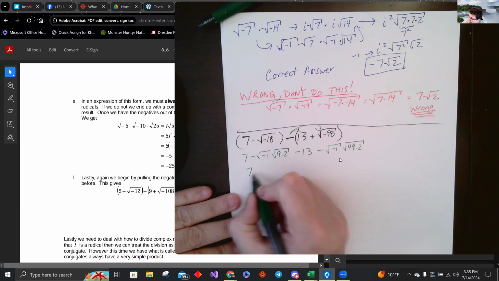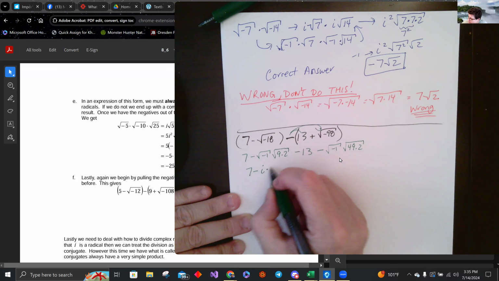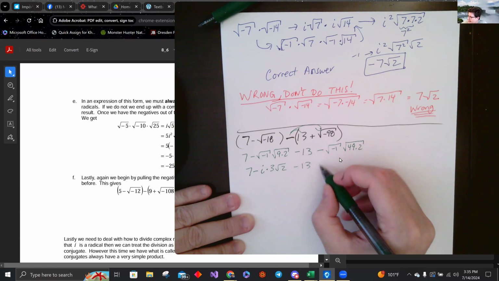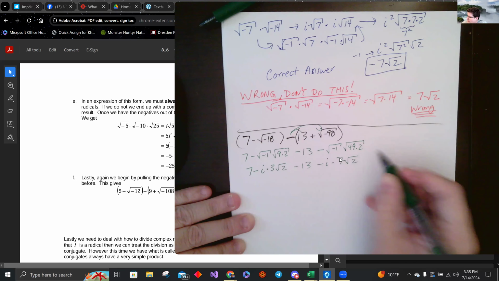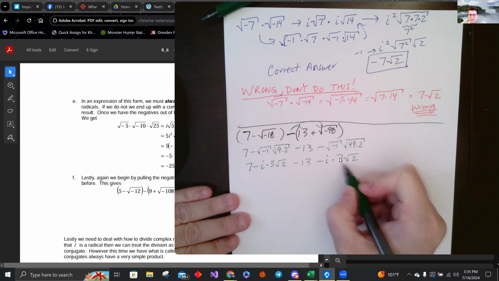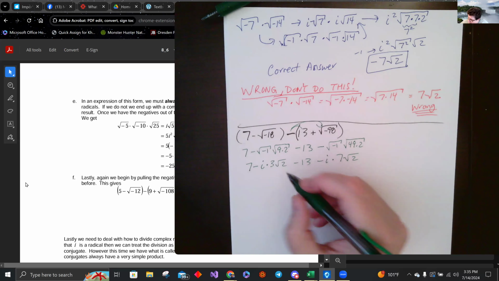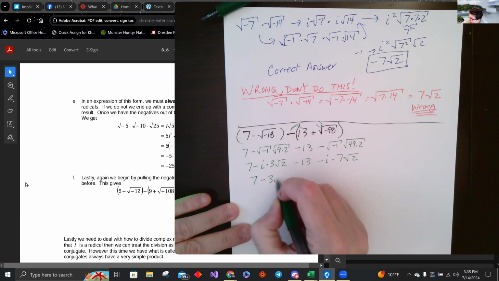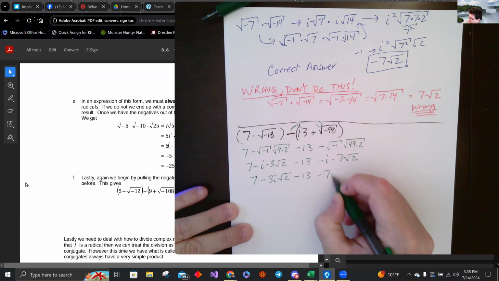This is going to be 7 minus i times 3 root 2 minus 13 minus i times 7 root 2. And we tend to put the i between the whole numbers and the radicals. So this is 7 minus 3i square root of 2 minus 13 minus 7i square root of 2.